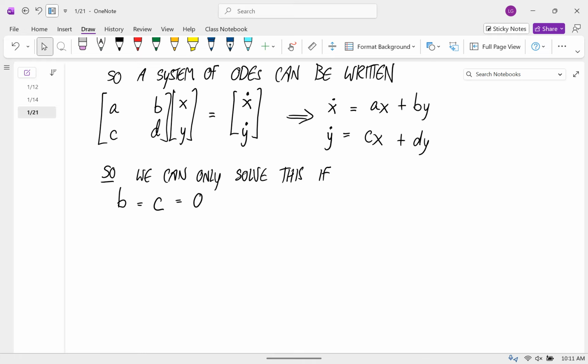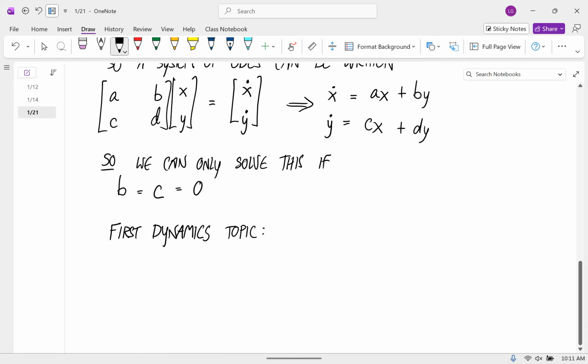So now we're going on to some dynamics. The first dynamics topic is really the topic that you spent almost all of Physics 1 on, and that is particle kinematics, in a non-rotating coordinate system.